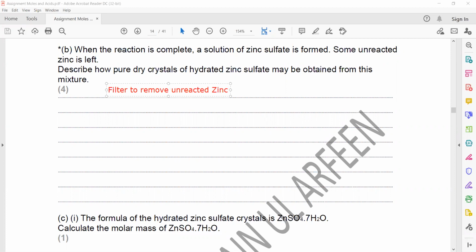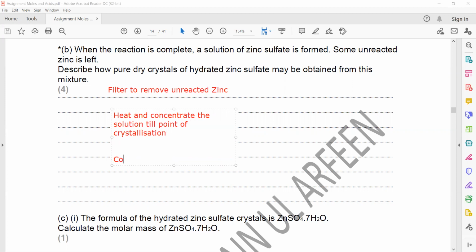Then we will heat and concentrate the solution till the point of crystallization. Then we will cool, filter, and we will dry the solid, or dry the crystals.